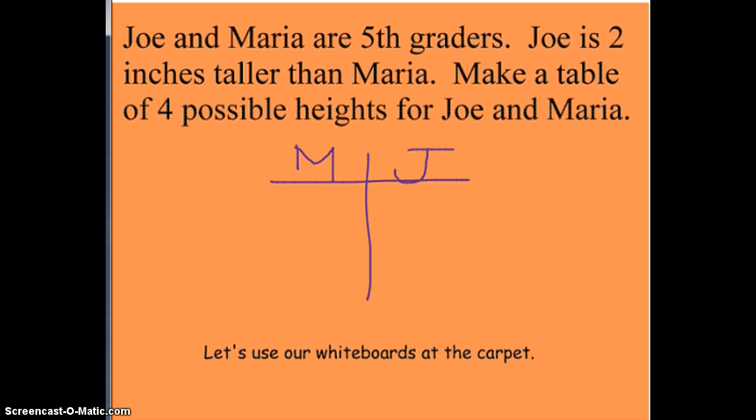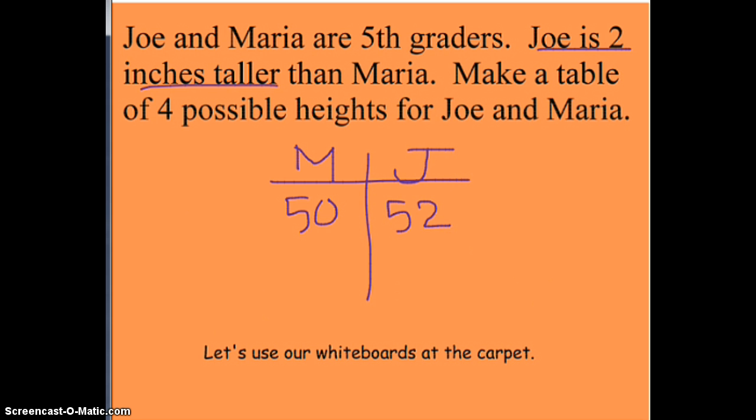Put in a possible height for Maria. She's in 5th grade, so let's make it somewhat reasonable. Maybe Maria is 50 inches tall. Then how tall is Joe? 2 inches taller, so 52.